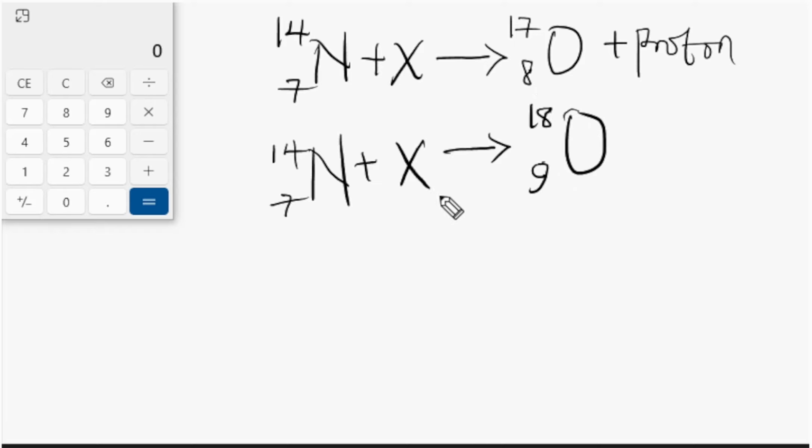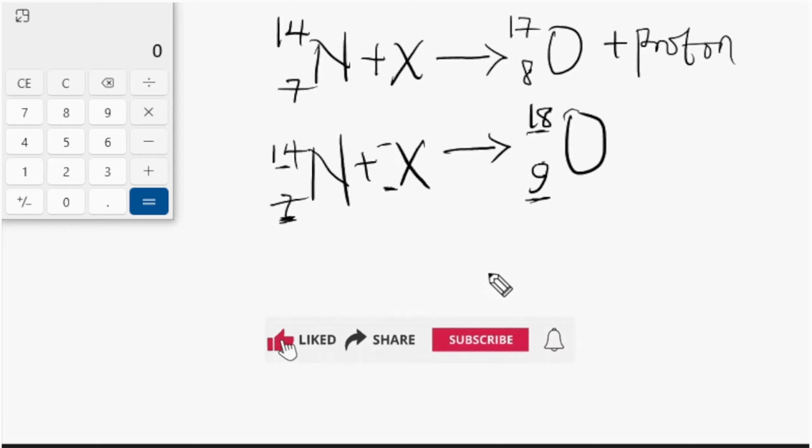So guys, in order for us to get what the X represents, we're going to consider this for the subscript of X, and then we're going to consider this and this for the superscripts of X. So 9 minus 7 will give us 2 here.